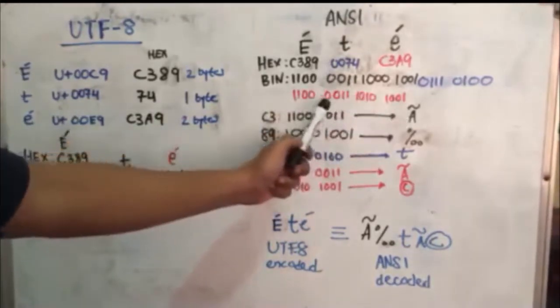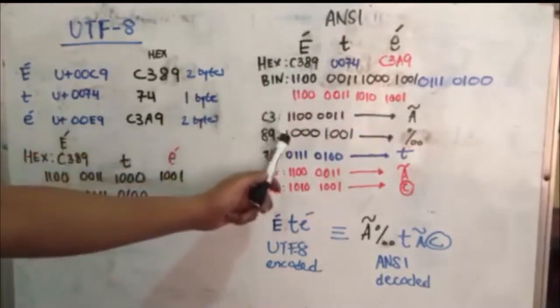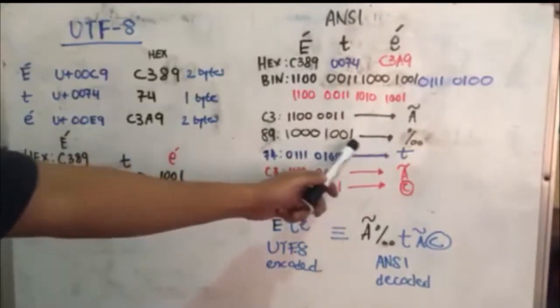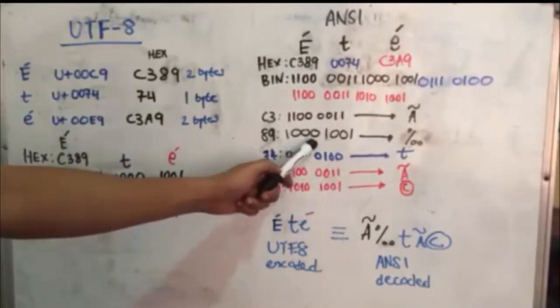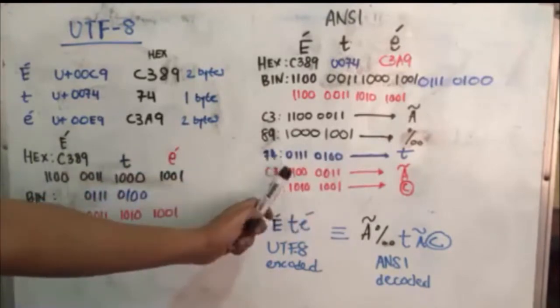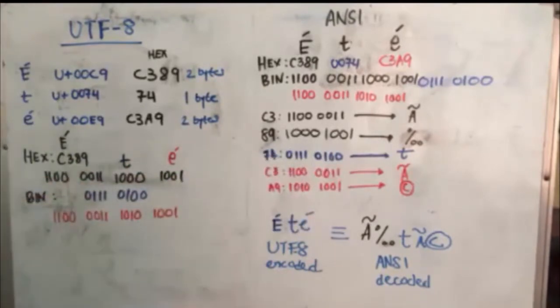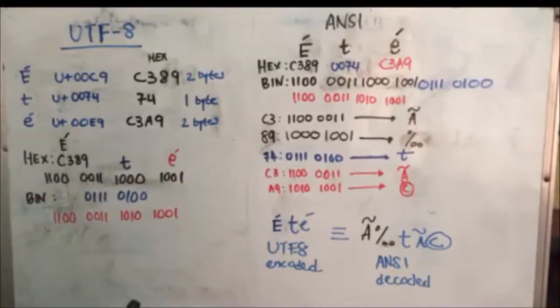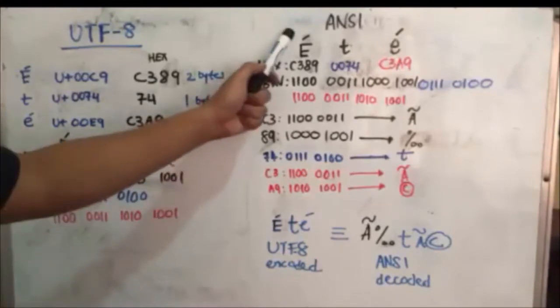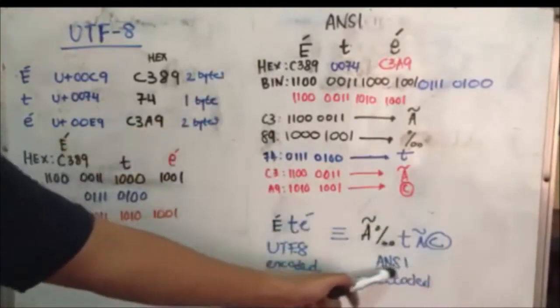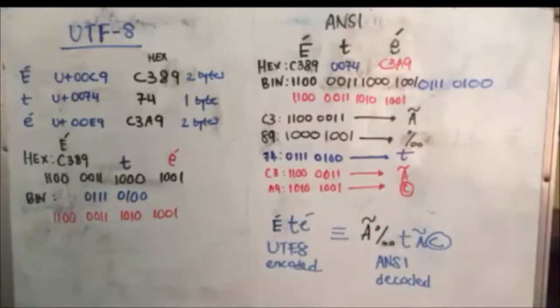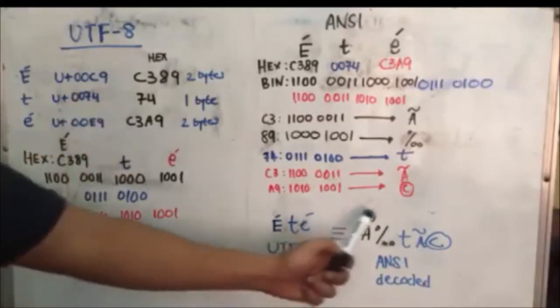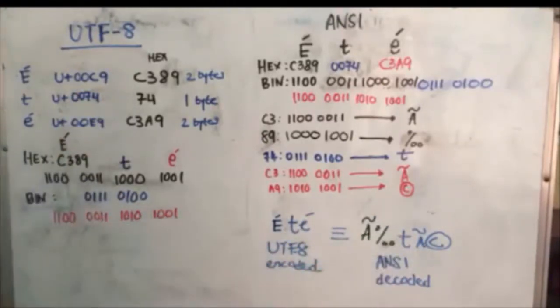The second byte here will be translated to this character. The third byte, being an ASCII character, will remain the same, and so on. Finally, decoding this bit sequence in ANSI will lead to these characters. As we can see, the original data changed, and this is garbled text.